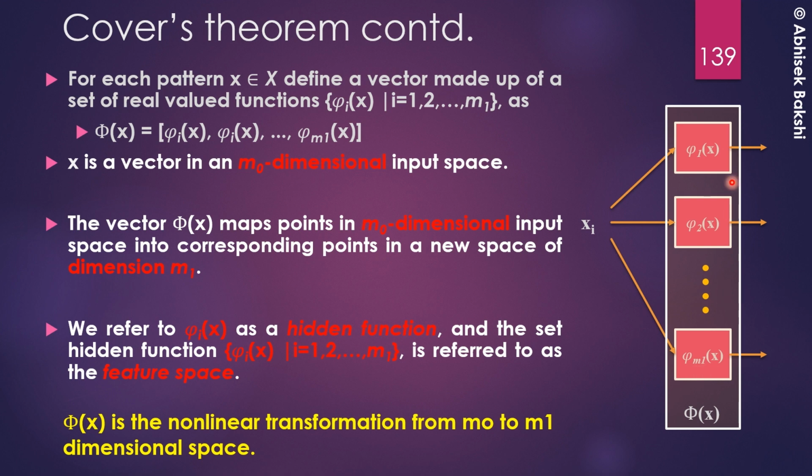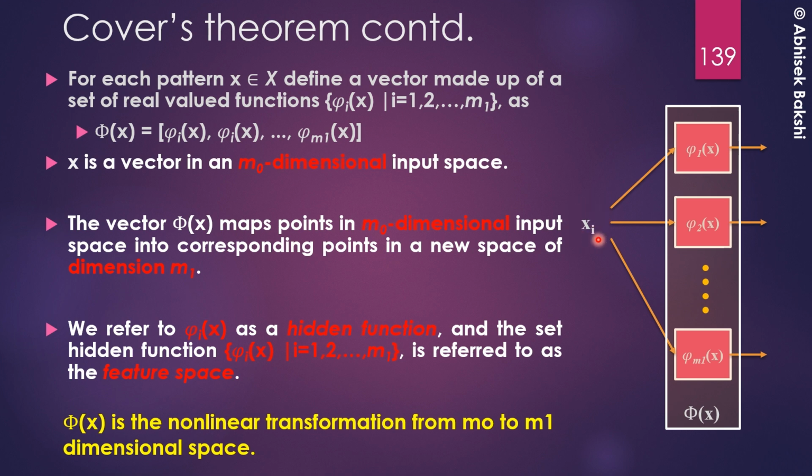For each and every phi we'll produce some output. So as a result, on the output side we will get an m1 dimensional vector, which is definitely greater than n, the input dimension of the input data.